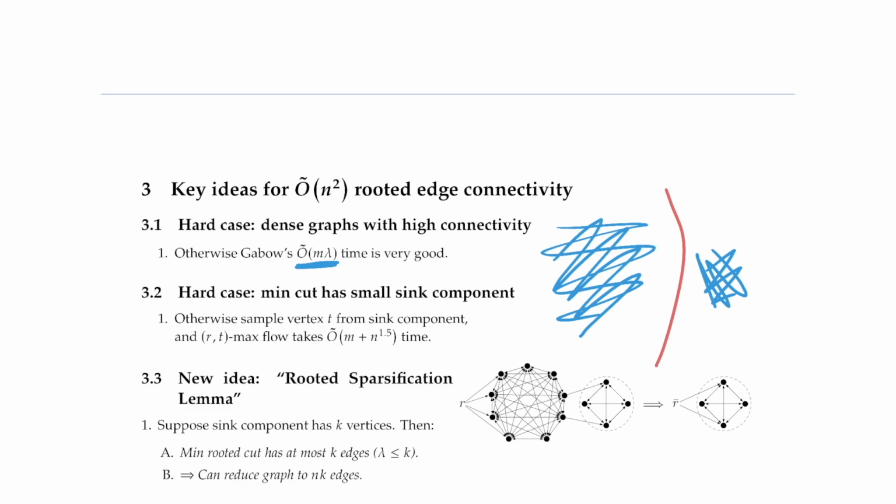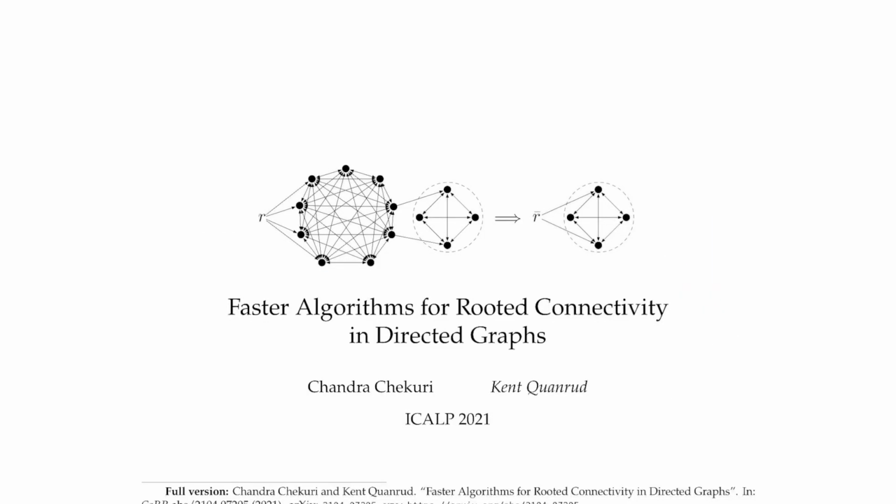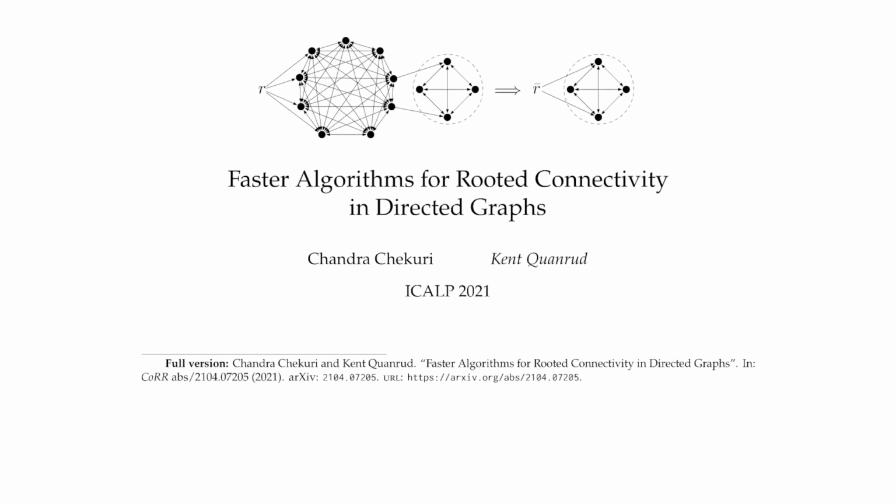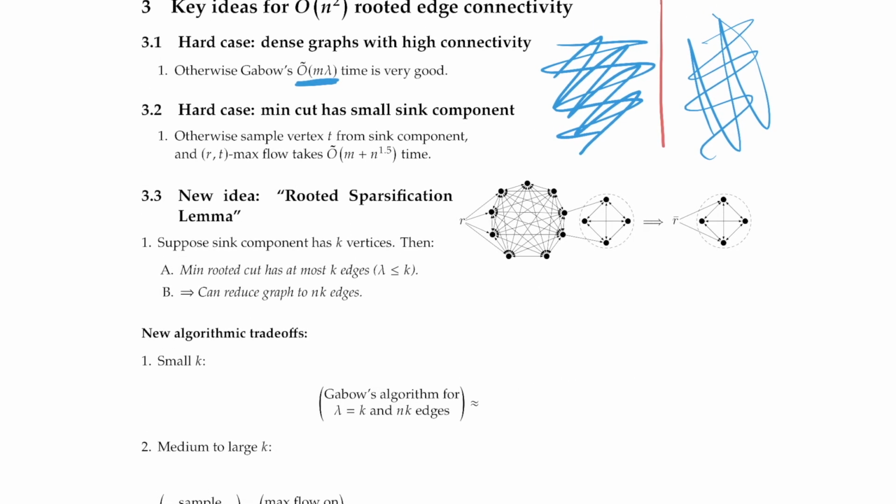Because in the opposite case, if the cut was very balanced, so maybe it's more like this, and you have roughly n over 2 on each side, then it's relatively easy to sample a source vertex S here and a sink T here, and run the max flow to find the cut. Okay.